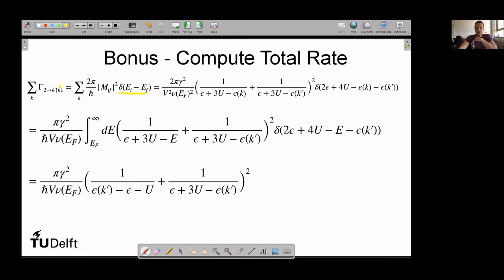We have evaluated previously this matrix element between the initial and the final states with all transition rates. Yeah, I forgot here to write the sum over k. Here there is a sum over k, sorry.